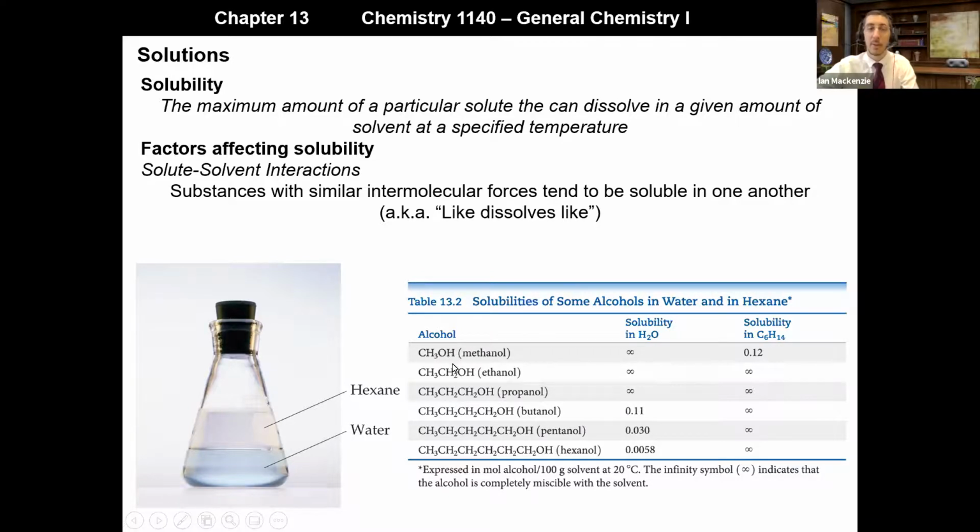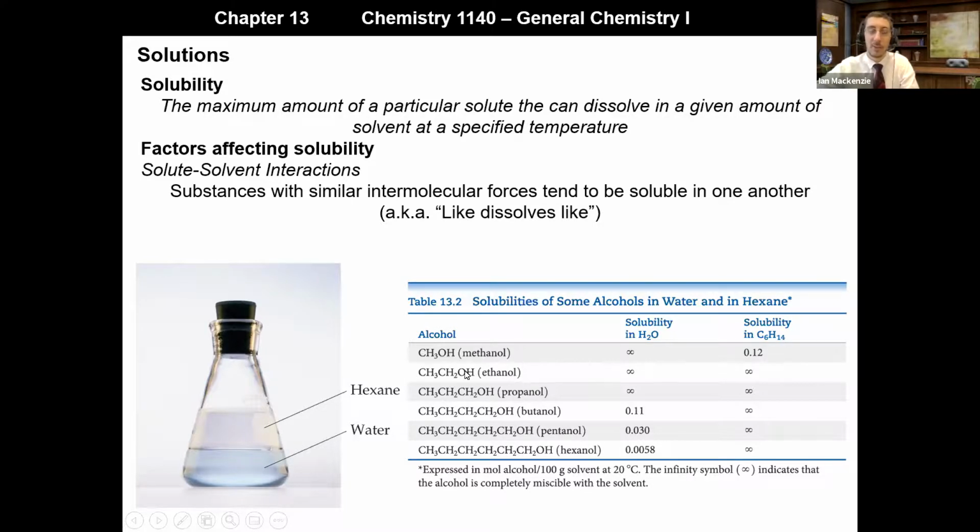So this is completely soluble in water, infinitely soluble in water, but in hexanes, shown here, as a polar species with mostly hydrogen bonding, it's not terribly soluble, 0.12 moles per 100 grams of solvent here, so not terribly.